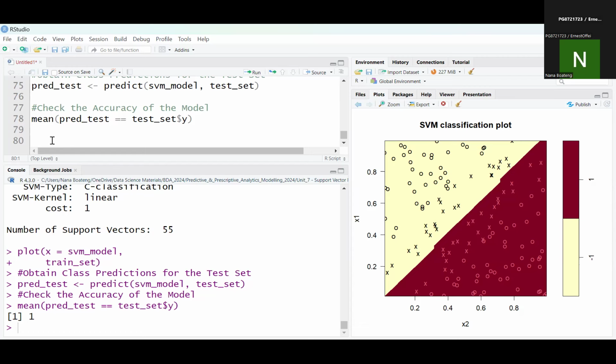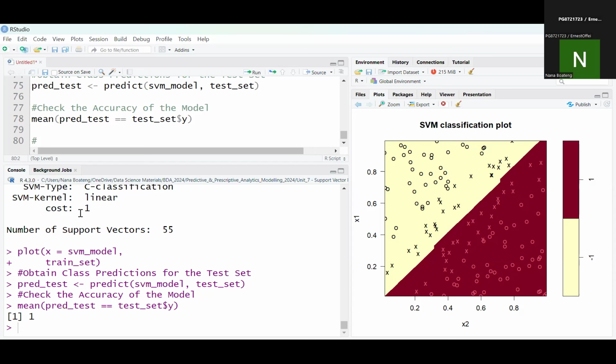So let's see another model whereby we try to see if we can reduce the number of support vectors. One way to do that is to use our cost parameter.